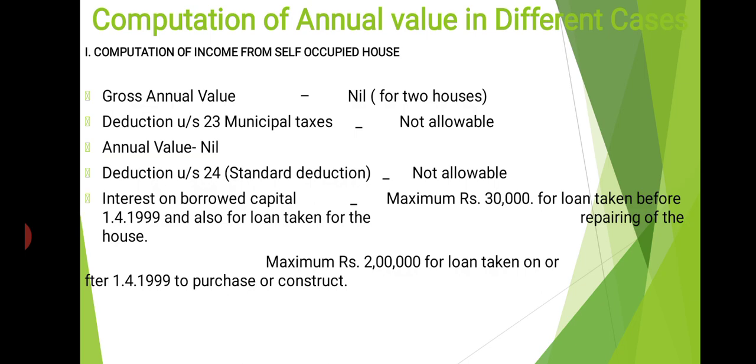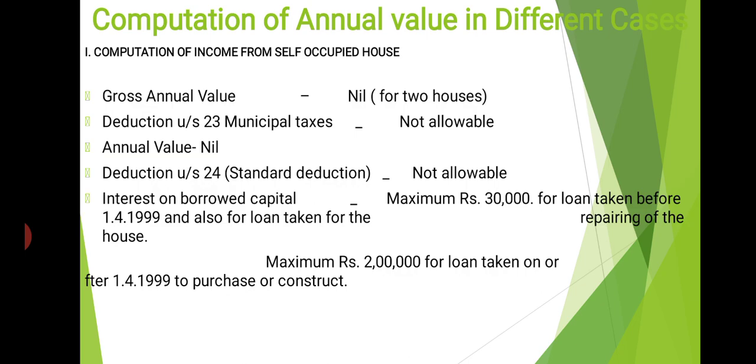In case of self-occupied house, there is no deduction, only because there is no gross annual value, then deduction is also nil. So the annual value will be nil. Clear? So even if nil, you have to follow this procedure: gross annual value nil, deduction nil, annual value nil.